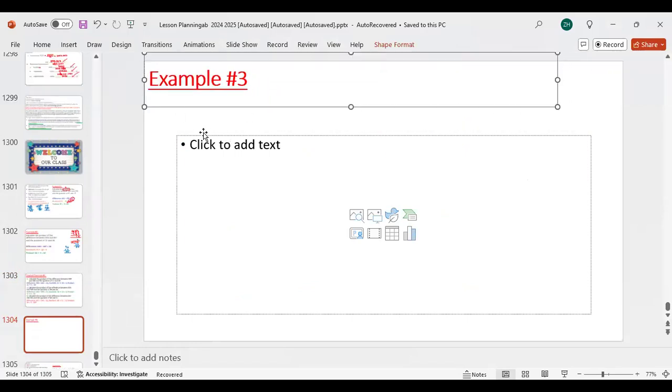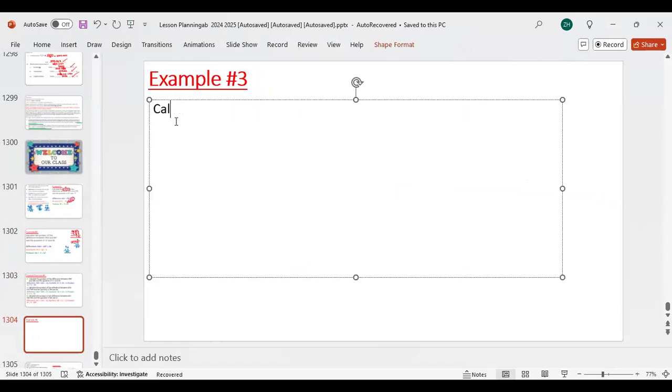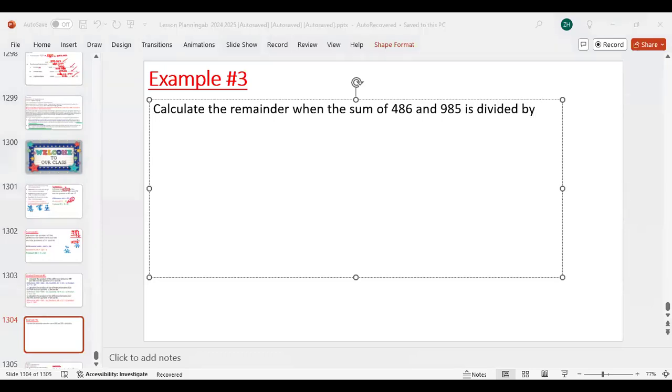This one says: calculate the remainder when the sum of 486 and 985 is divided by 83. Calculate the remainder when the sum of 486 and 985 is divided by 83.